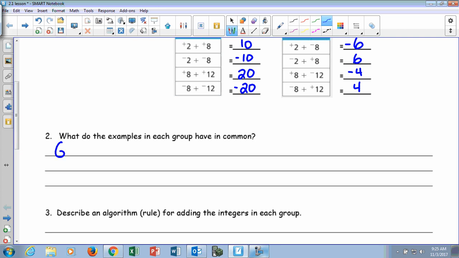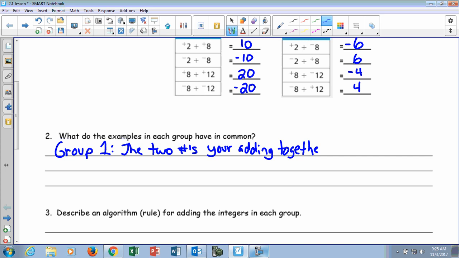Okay. So if we look here, it says, what do the examples in each group have in common? Well, in group 1, the numbers you're adding together, the word we use for adding 2 numbers together is we call them addends. ADDENDS. Just so you're familiar with that word.